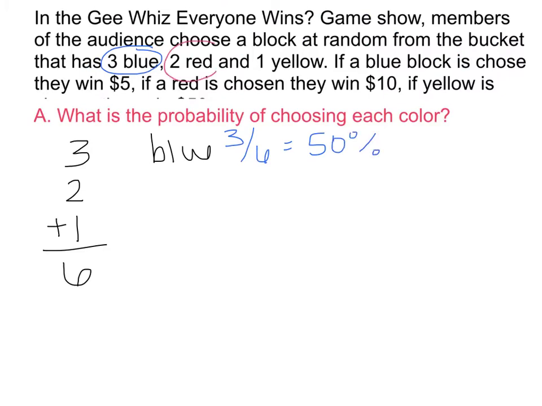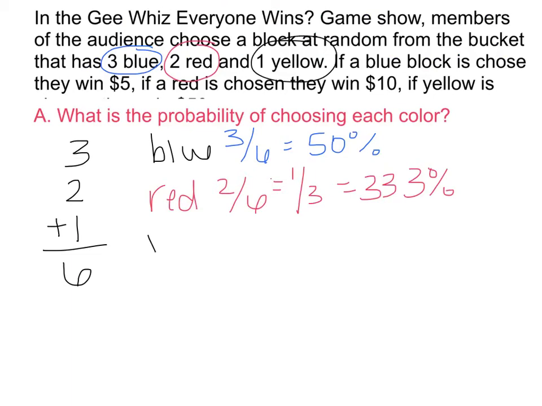For red, we have 2 out of 6, which also equals 1/3, or a 33.3% chance. And then for yellow, you have a 1 out of 6 chance, which is 16.67%.